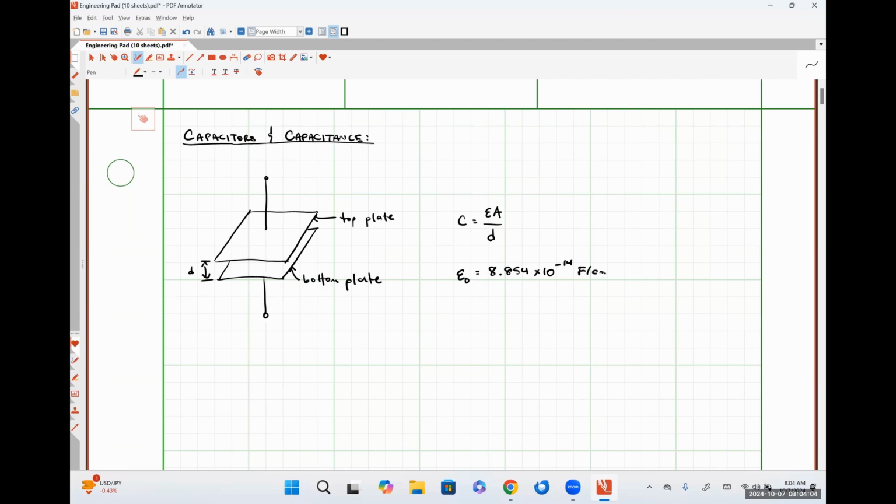Okay. So what's going on here is effectively we have some medium that's physically separating our plates. This is called a dielectric.